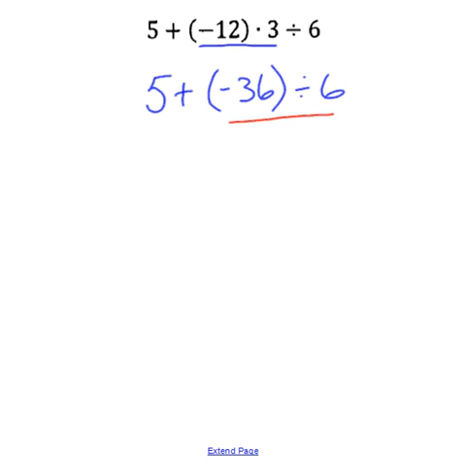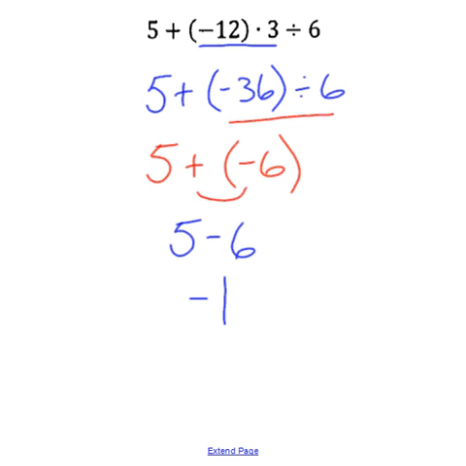Negative 36 divided by 6 is negative 6. So I'm going to write 5 plus, just copying that part down. And then the answer, negative 36 divided by 6 is negative 6. Now I just have a double sign problem here, so that becomes 5 minus 6, which is negative 1.